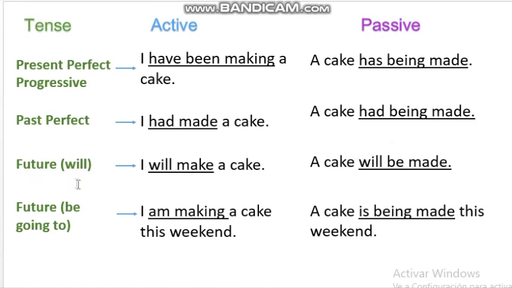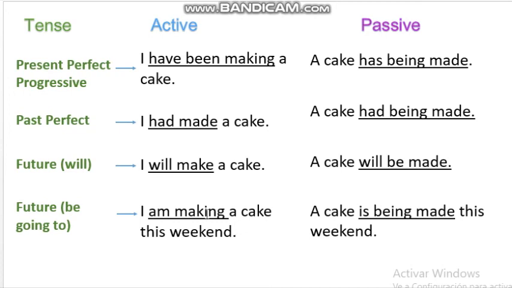Future with will. I will make a cake. A cake will be made. If you want, you put by me. Future with be going to. I am making a cake this weekend. I add this weekend so that you understand better.